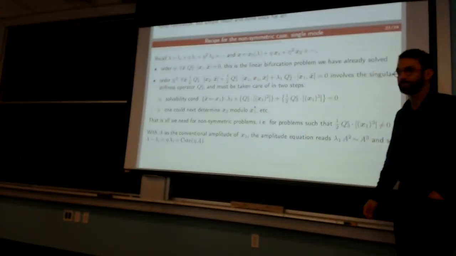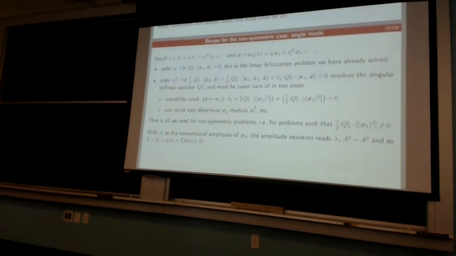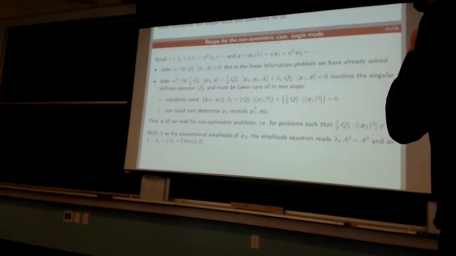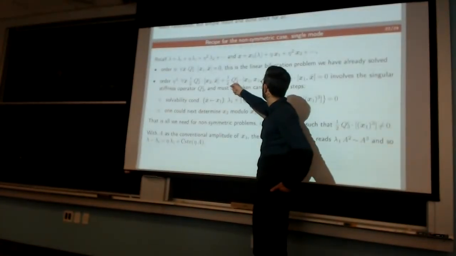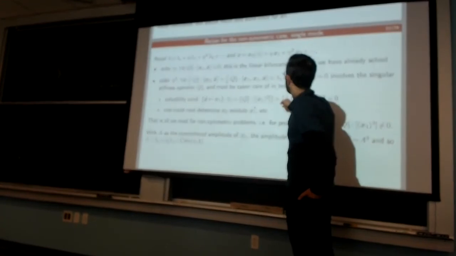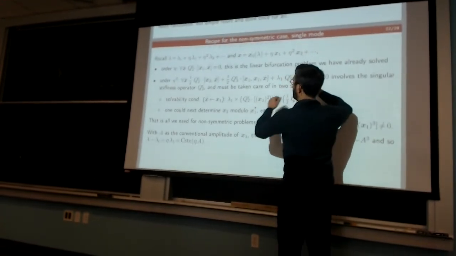Is it correct that in lambda 1, the third term is Q2C or Q2C prime? Sorry, the third term? Yeah, the Q2C. That should be trivially 0. No, it's the one that comes from here. The third term, multiplying lambda 1. Or Q2C prime, a typo.